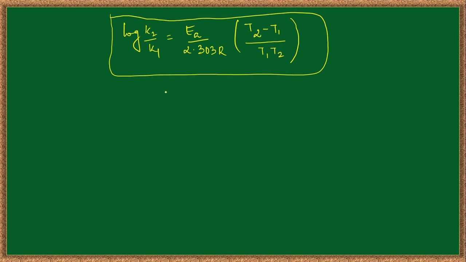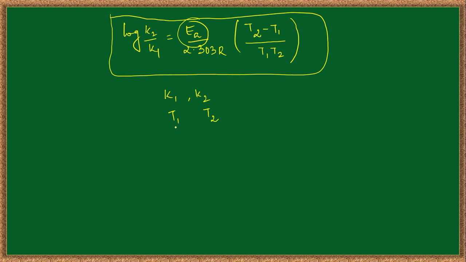See, if we know the values of K1 and K2 for two different temperatures T1 and T2, then we can easily calculate the value for EA. Similarly, if the value of activation energy of a reaction is known and at a given temperature the rate constant of the reaction is also known, and we have yet another temperature at which we wish to calculate the rate constant, then it can be calculated.